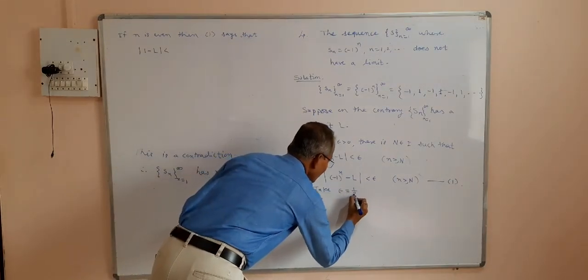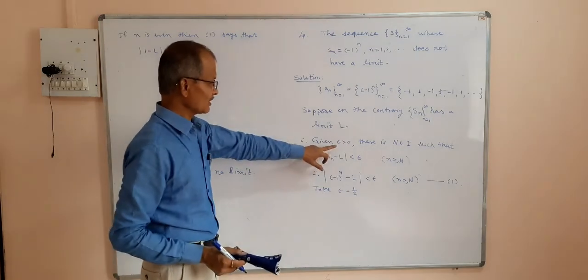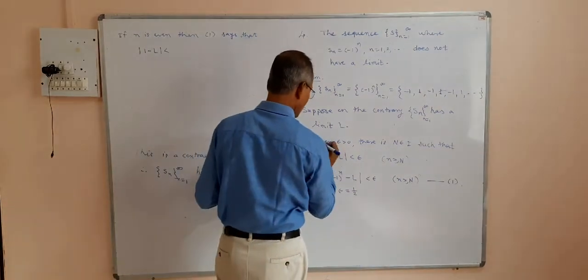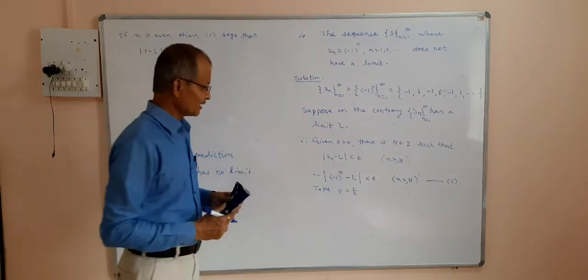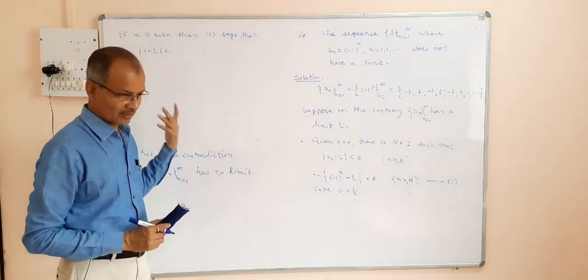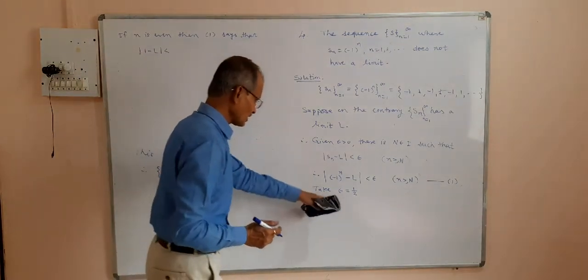Given any epsilon, we can take epsilon as half, 1, 10, 0.1, etc. So take epsilon is half.